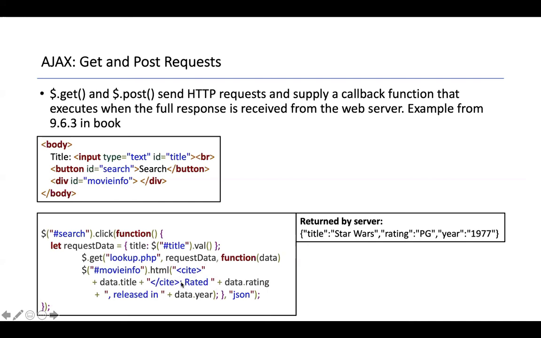Then after that, I just say rated it and the rating, data.rating, and released in data.year. So these get and post functions significantly simplify making an AJAX request from the client to the server.